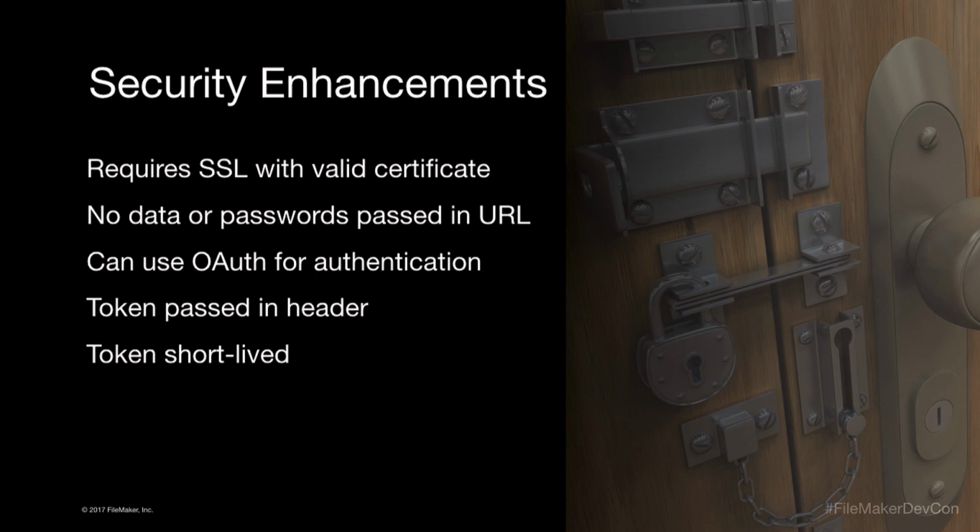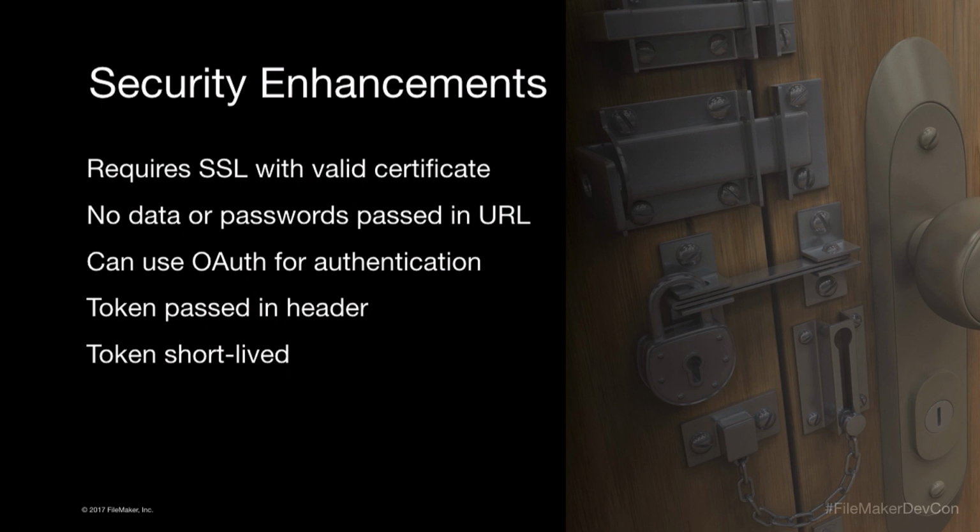OK, so security. The main thing to say about this is that REST has amped up the security a lot from earlier versions, and that's been a big focus of FileMaker. You require an SSL certificate now with REST. You didn't require that with custom web publishing. And no data or passwords are ever sent in the URL.